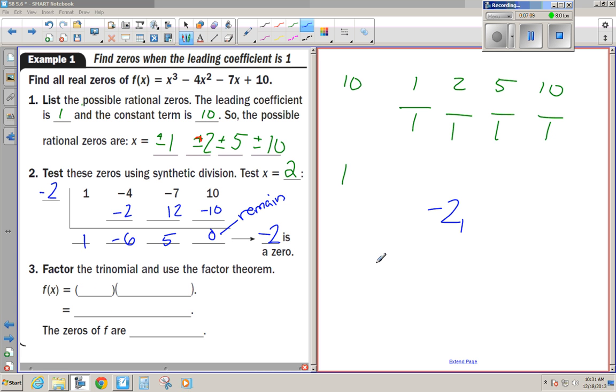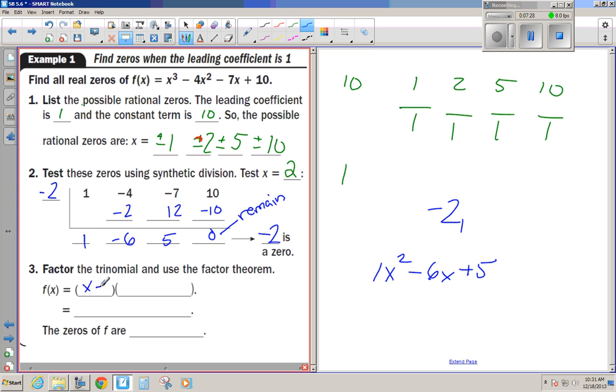Now it's asking us to find all the possible zeros. So you've got now a 1x squared minus 6x plus 5. And since you have this part right here, you can then factor it.